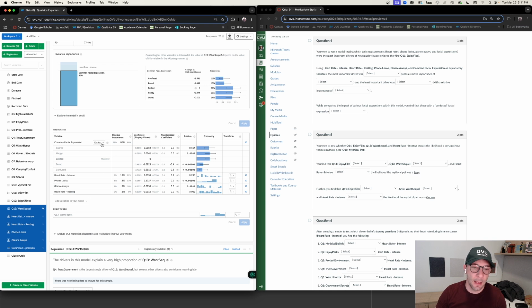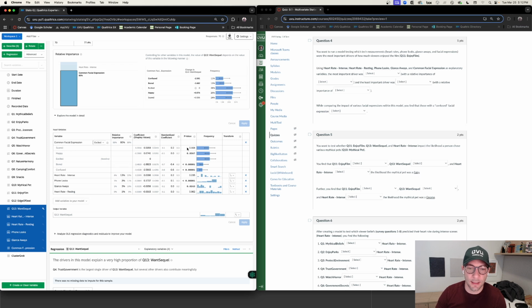It depends on what we want, because what the baseline does is, for all of these p-values, once again, it's while we're controlling for all of these, right? What these p-values are showing is the difference between each of these categories and the baseline.